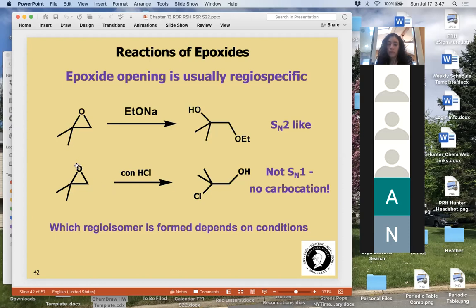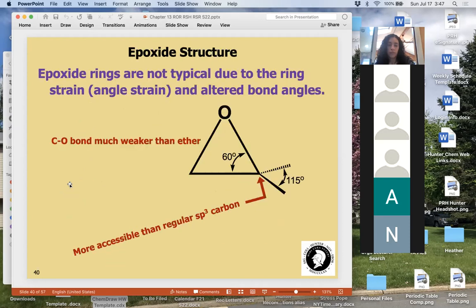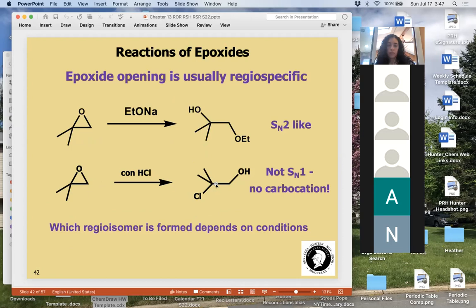If it's protonated, it puts partial positive charge on these two carbons, a lot more on the left, and this angle gets even more screwed up. Putting partial positive charge on here and weakening this bond at the same time kind of flattens it out even more. So chloride does an SN2 on a tertiary center, but not really.